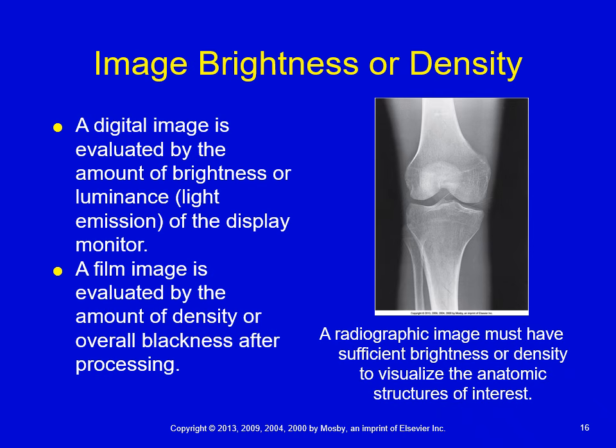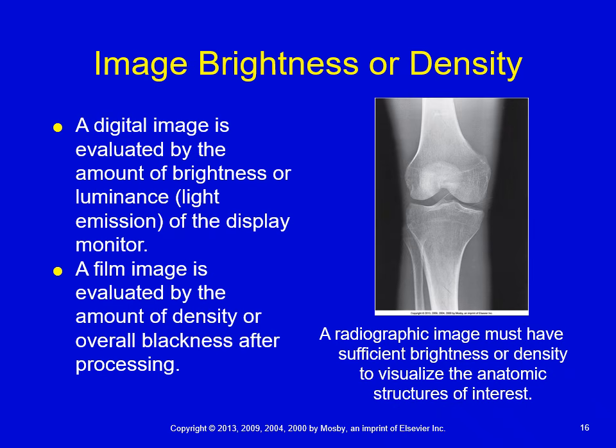Whereas when we use traditional film back in the day that we hung up on the light board, we use the term density because we were trying to describe how dark or how light that film was after processing. Either way, if we're using the term brightness or the term density, we're kind of talking about the same thing.